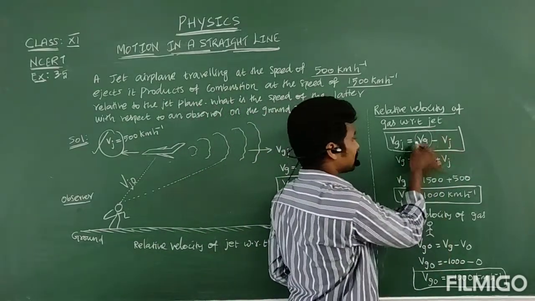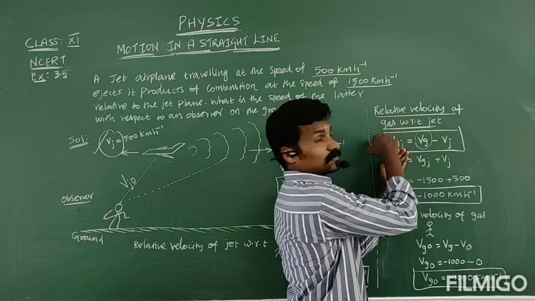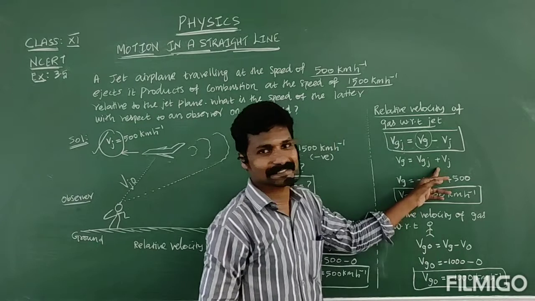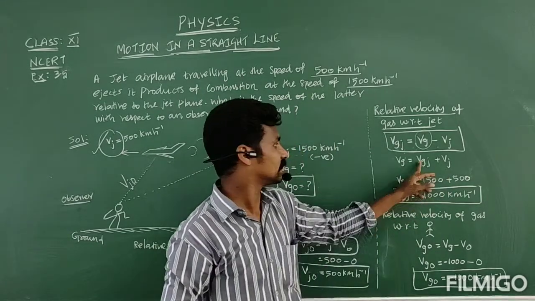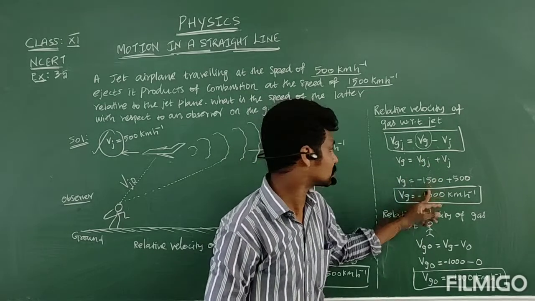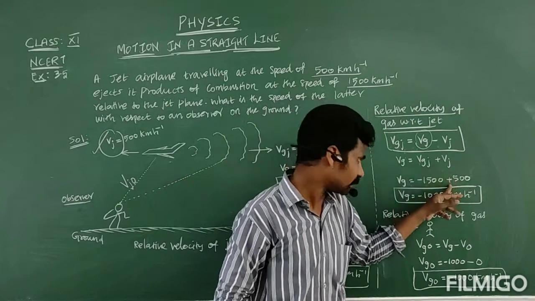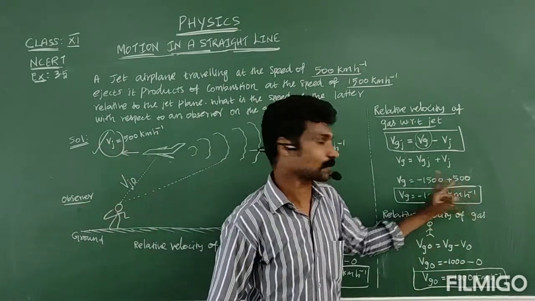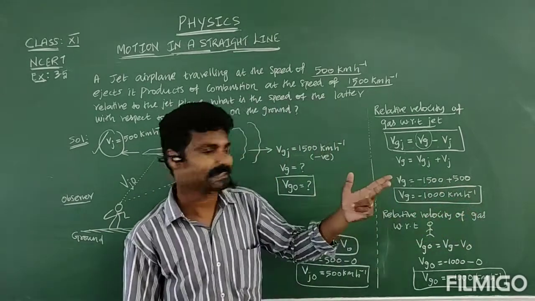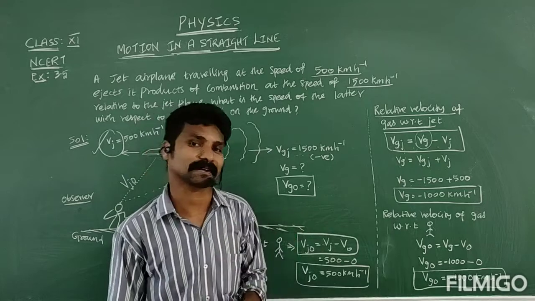Therefore, velocity of the gas is equal to velocity of the gas with respect to the jet, minus 1500, plus velocity of the jet, plus 500. The jet term moves to this side and becomes plus.